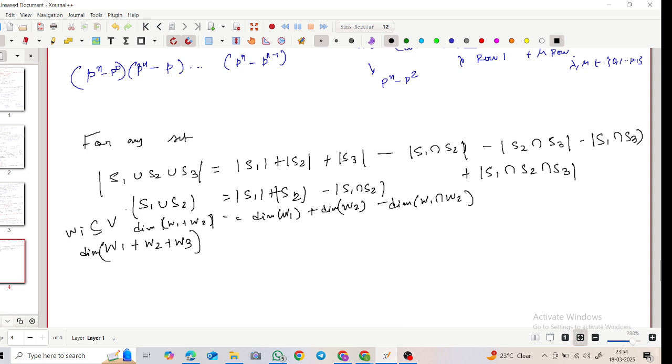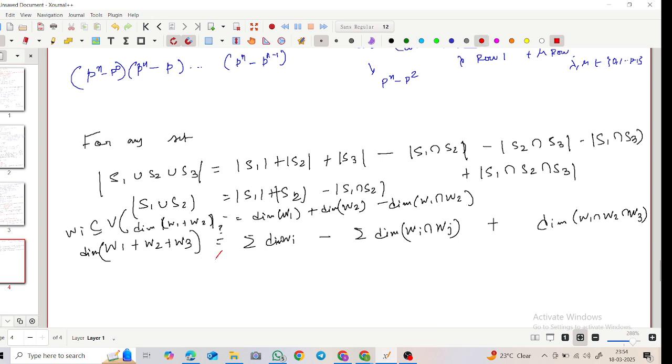So these two are at par. But is it true that this is equal to the summation of dimension Wi minus the summation of dimension Wi intersection Wj plus the dimension of W1 intersection W2 intersection W3? Is the relation true?